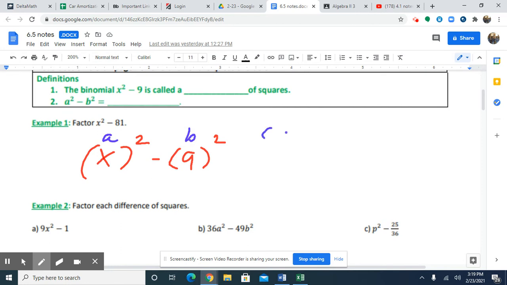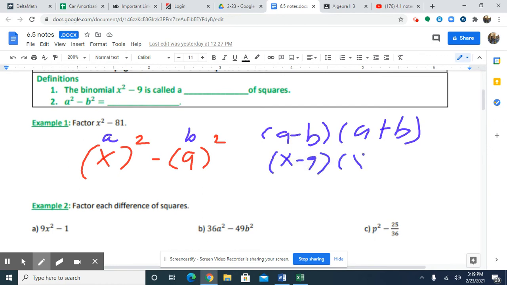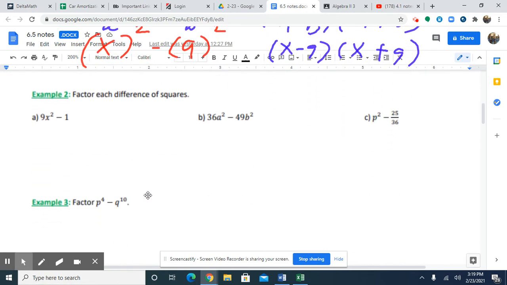So if we write this as a minus b, a plus b, our difference of squares is x minus 9, x plus 9. And so that is our goal for all of these examples where we need to factor a difference of squares.